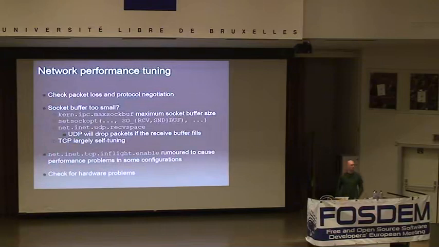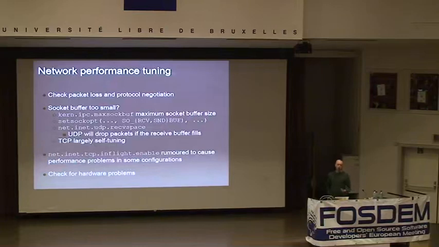So if you suspect a network problem, what can you do about it? Well, firstly, check everything seems to be configured properly. Packet loss is going to kill any sort of network throughput. For some applications, the size of the socket buffer may be important. There's a sysctl, kern.ipc.maxsockbuf, which sets the maximum socket buffer.